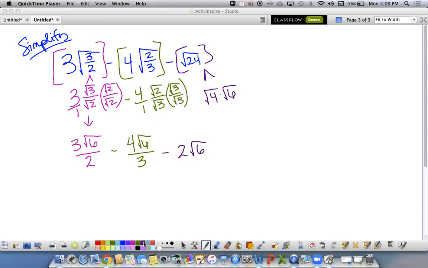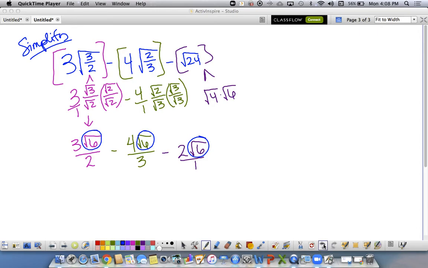Now, does anybody notice anything special? I'll go ahead and put this over 1 because I know that everybody sees fractions. But do you see a square root of 6, a square root of 6, and a square root of 6 that we can combine together? Yes, we can. Now the only thing standing in our way is those pesky denominators, right?